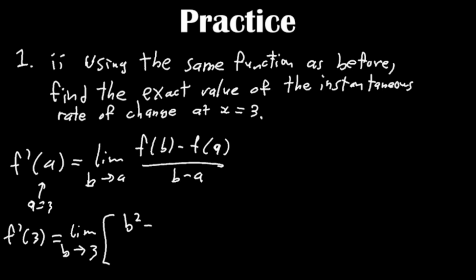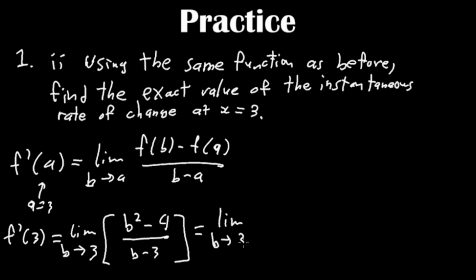So b squared minus 3 squared, that's 9, over b minus 3. Okay. So if we plug in b equals 3, we can't really do a direct substitution because we get 0 over 0. And you pretty much always will when you're using these formulas.